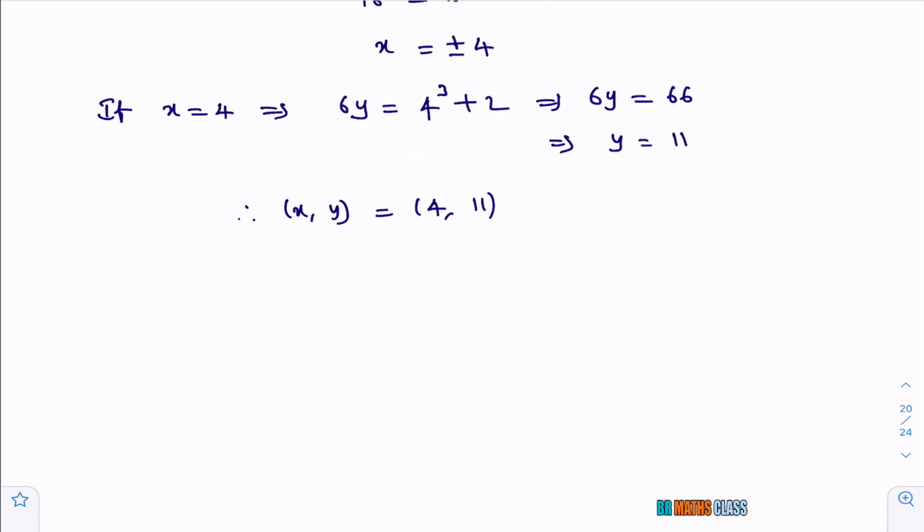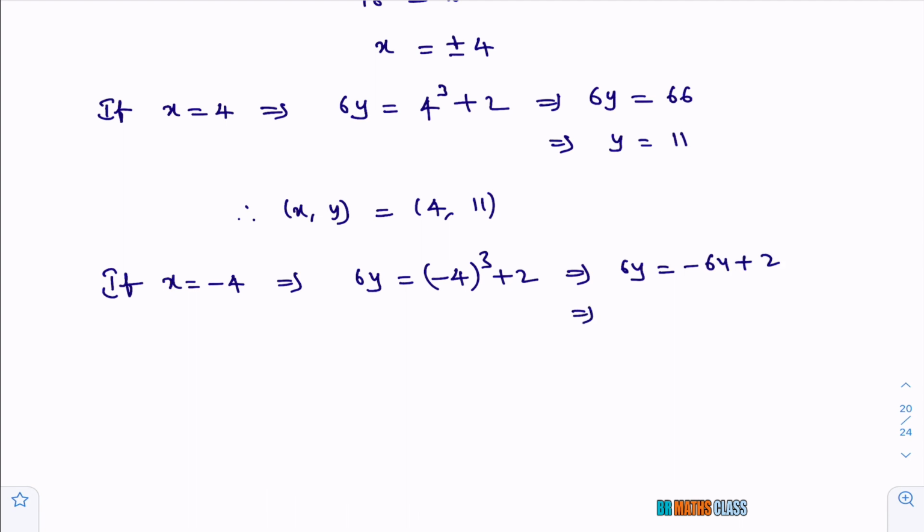Now x equals plus or minus 4 is there. Now I will substitute x equal to minus 4 in the given curve, 6y equals x cube plus 2. Here x is minus 4, so minus 4 whole cube plus 2. What will you get here? 6y equals minus 4 cube, that is minus 64, plus 2. That implies 6y equals minus 62.